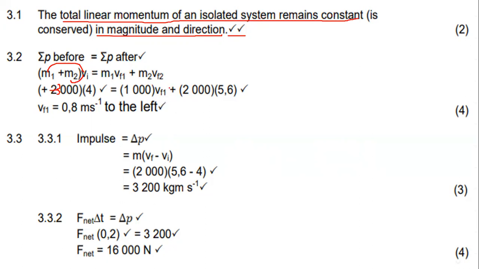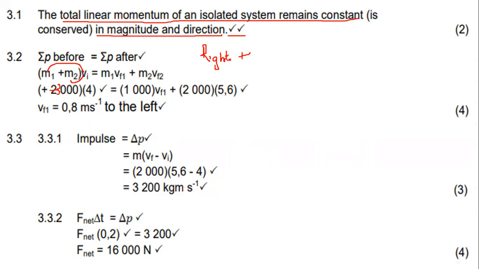So we leave it as VF1, plus the momentum of coach B: its mass is 2,000, and after the collision it was going to the right. That just means we chose right as positive, so we substitute the 5.6 meters per second as a positive value altogether.